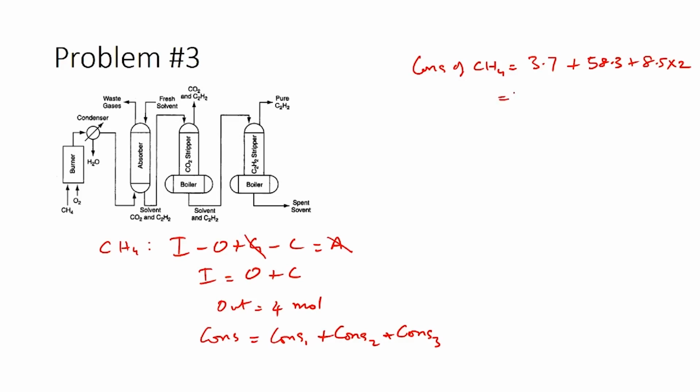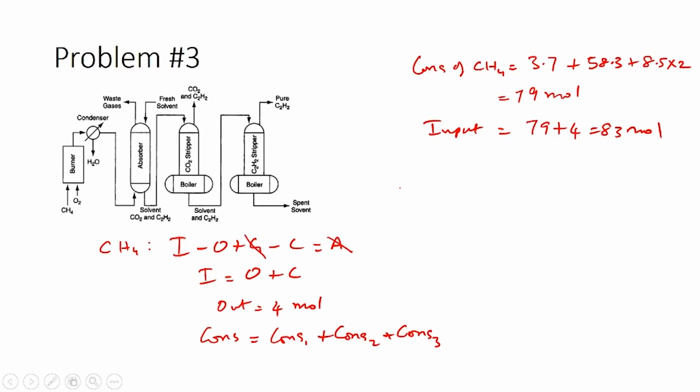Thereby, we get the consumption of methane as 79 moles. So input for methane would be equal to 79 plus 4, which is 83 moles of methane.